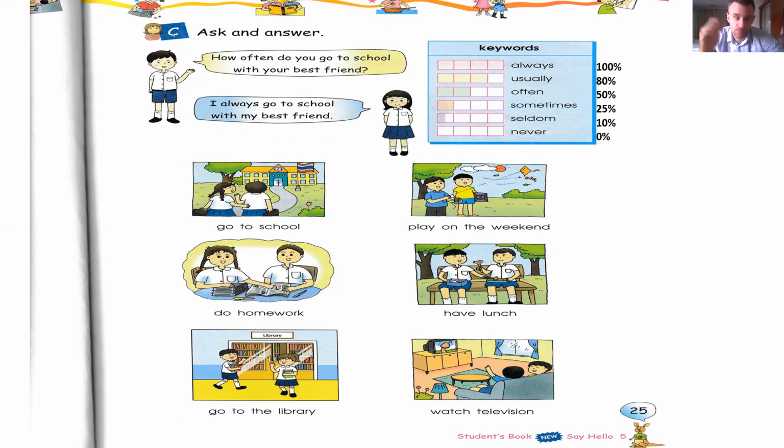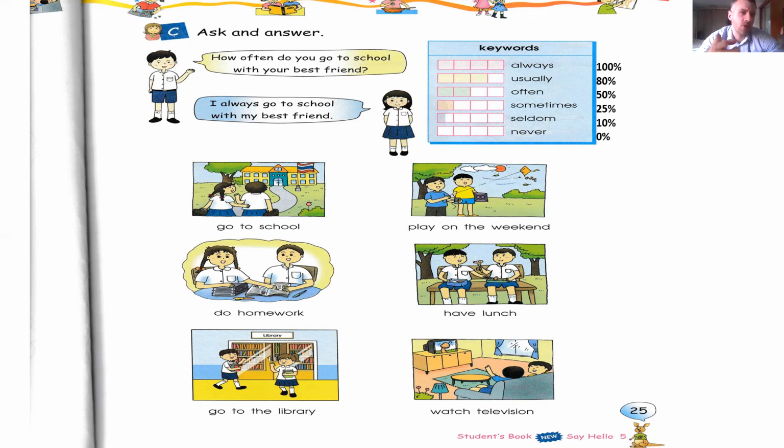Go to school, play on the weekend, do homework, have lunch, go to the library, watch television. Try to make sentences with adverbs of frequency and these pictures. Try. Take a look at how to build the sentence.